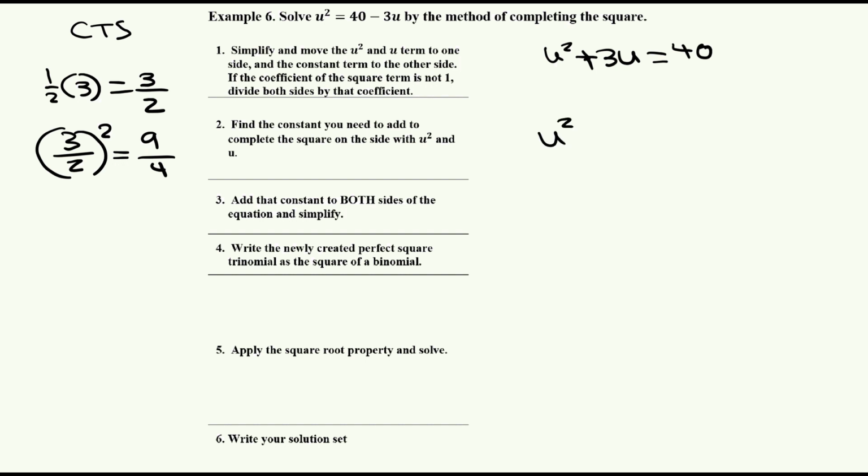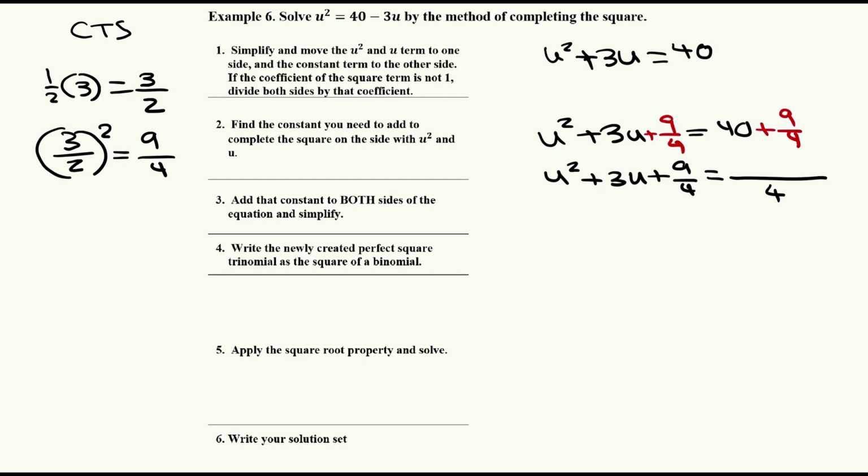So we get u squared plus 3u equals 40. And we're going to go ahead and bring in plus 9/4 on both sides. So basically, if we do a little bit of algebra here, we get u squared plus 3u plus 9/4 equals, here we're going to have to get a common denominator.